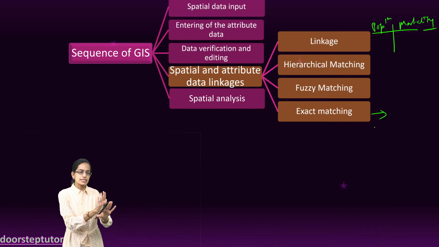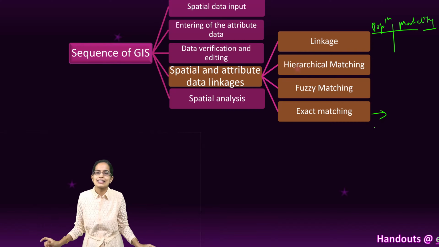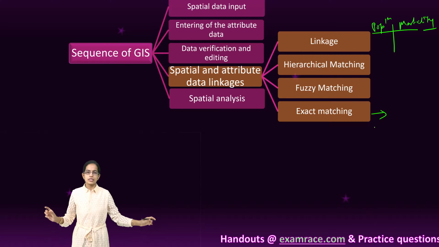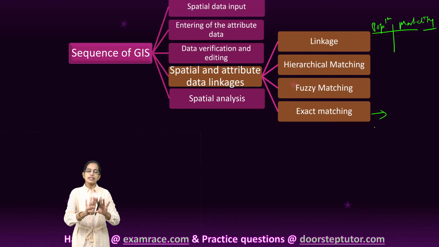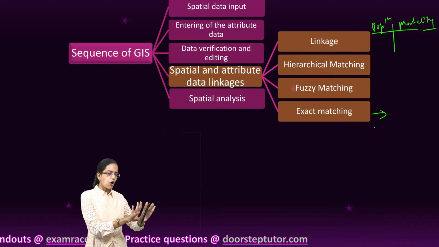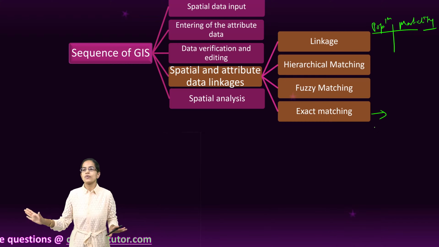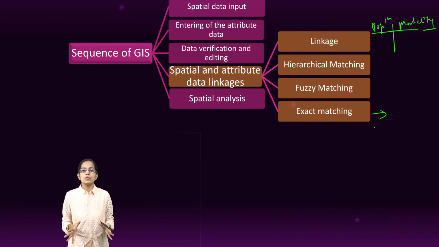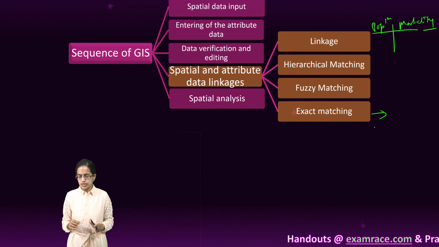An exact matching can be done when the names or the indicators are exactly the same. So my towns are ABC and my friend's towns are ABC. In that scenario, I can merge those 2 pieces of information, and this would be an example of exact matching. The data can be joined. So let's say it's a big project, and we are trying to do some survey of a locality XYZ.